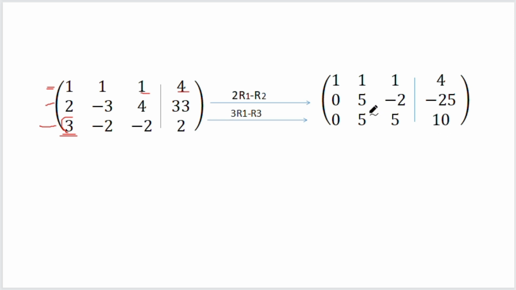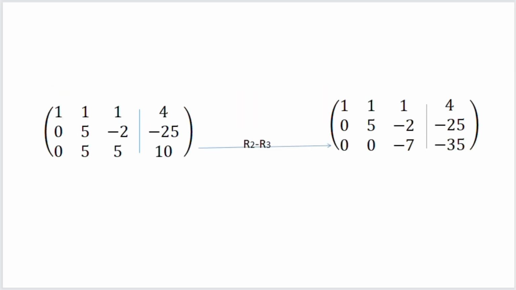So this is our first successful step, of which we have got 0 in our first operation. For the next operation, we want to make this 5 a 0.